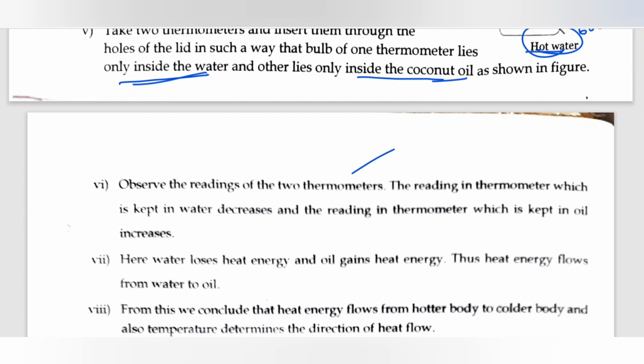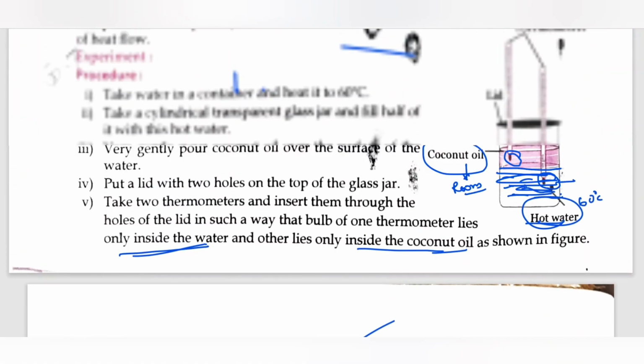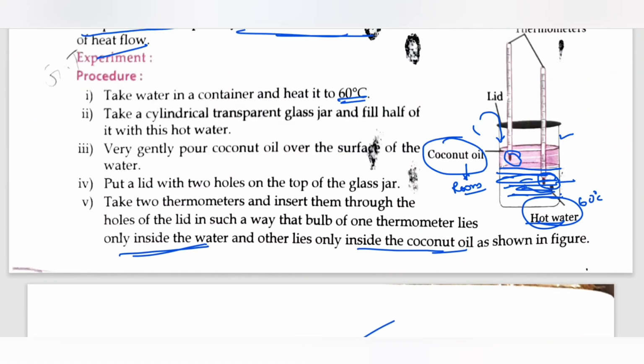The reading of the thermometer kept in water decreases and the reading of the thermometer kept in oil increases. We know here the water is at high temperature and oil is at room temperature, that means low temperature. So the heat will flow from water to oil.